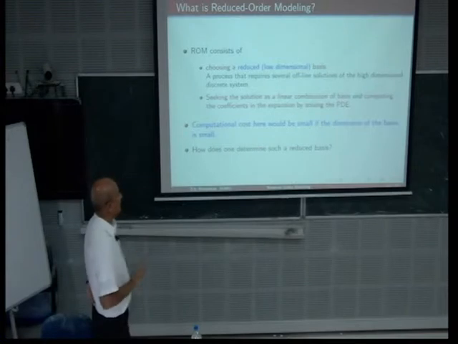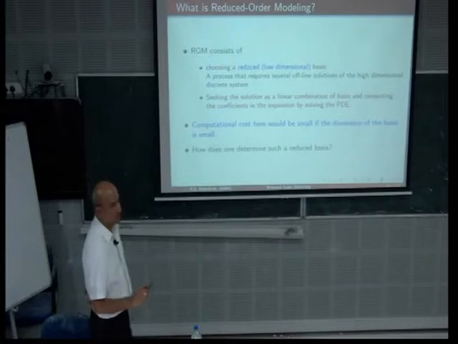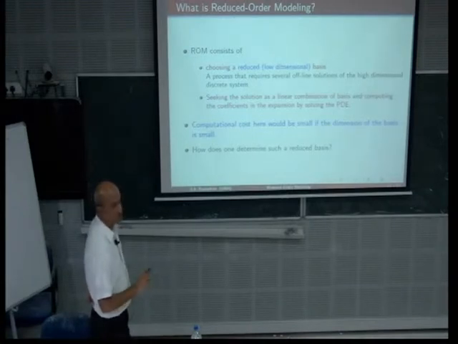Then you seek the solution. This is basically a Galerkin projection idea. You seek the solution as a linear combination of the basis, and then you compute the coefficients in the expansion by solving the PDE through Galerkin projection. Here the computational cost would be small if the dimension of the basis is small.